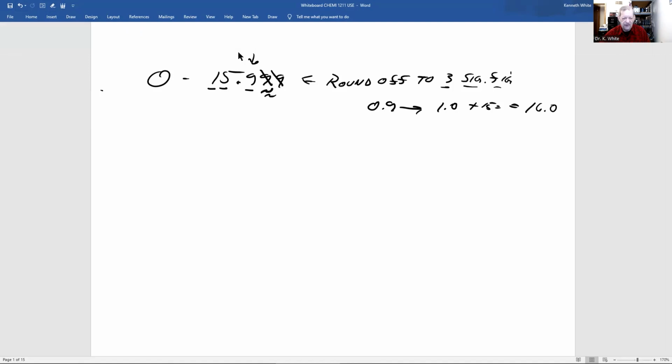So to 3 significant figures, this becomes 16.0, which is what you'll use. It'll make your life a lot easier, trust me, which is a good thing.